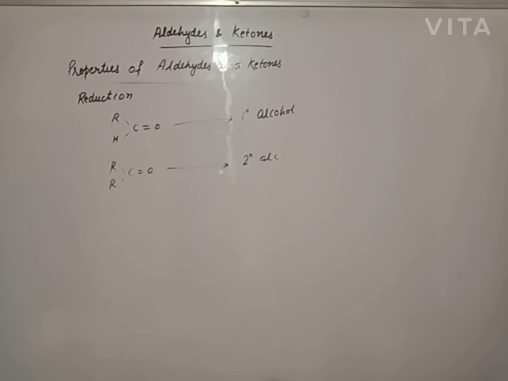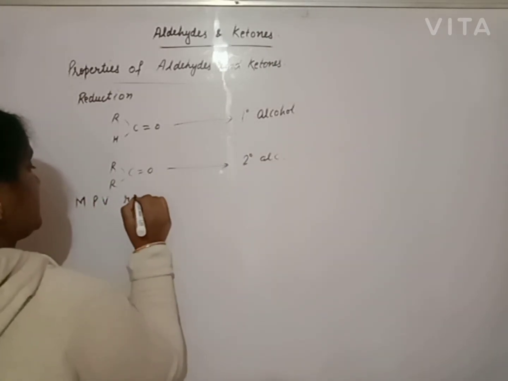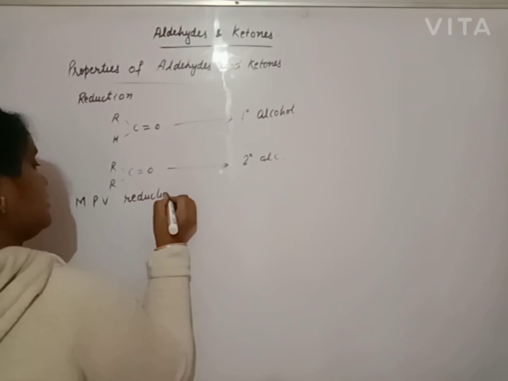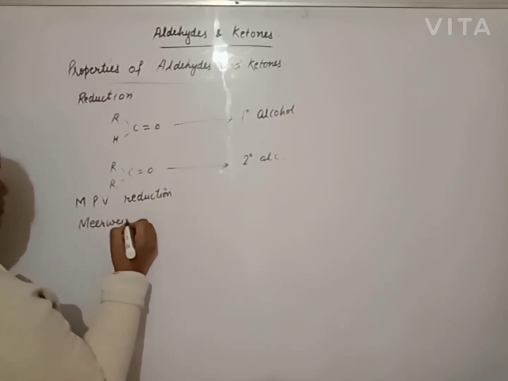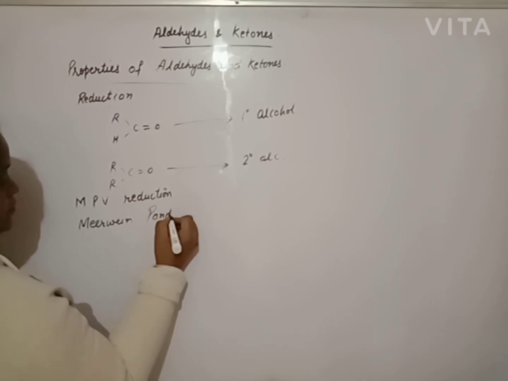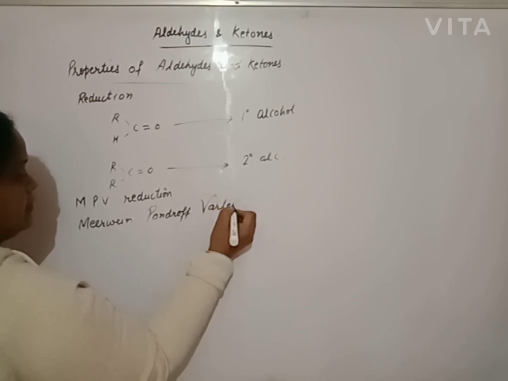Beta, this is the Meerwein-Ponndorf-Verley reduction, the MPV reduction.